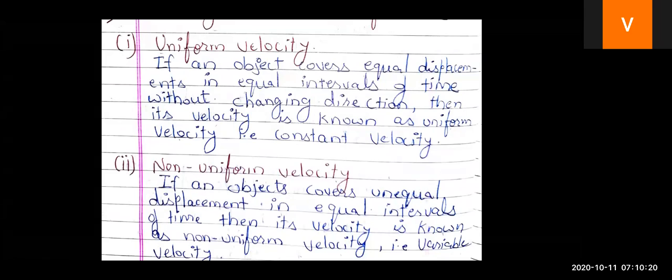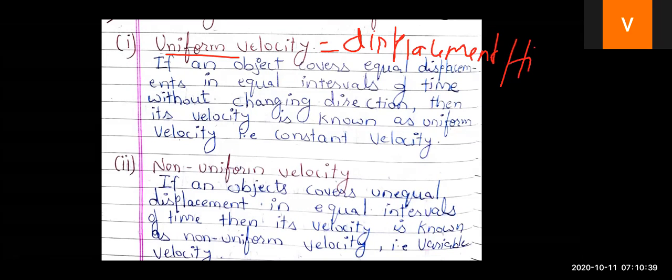Now, next we are going to classify velocity as uniform velocity and non-uniform velocity. Same we did for speed. Uniform means as we all wear uniforms in school, we all look equal. So your velocity, we know it is displacement upon time.